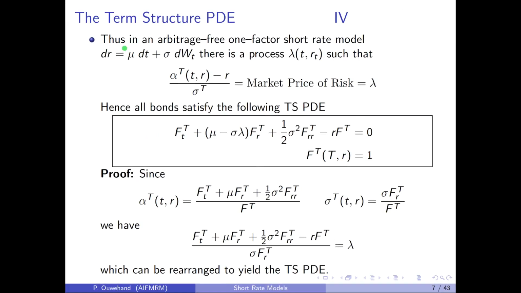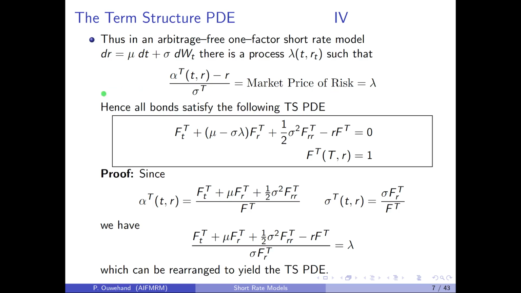It follows that in an arbitrage-free one-factor short-rate model, given by the following dynamics, there is a process, lambda, which is a function of t and the short rate, so that alpha T minus r over sigma T is equal to lambda for all maturities, where lambda is just the market price of risk.